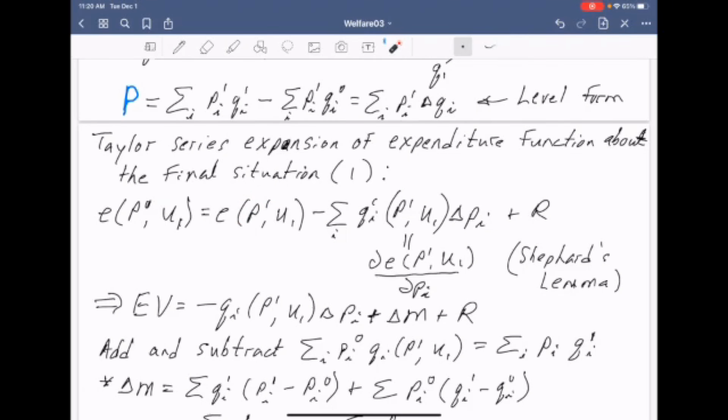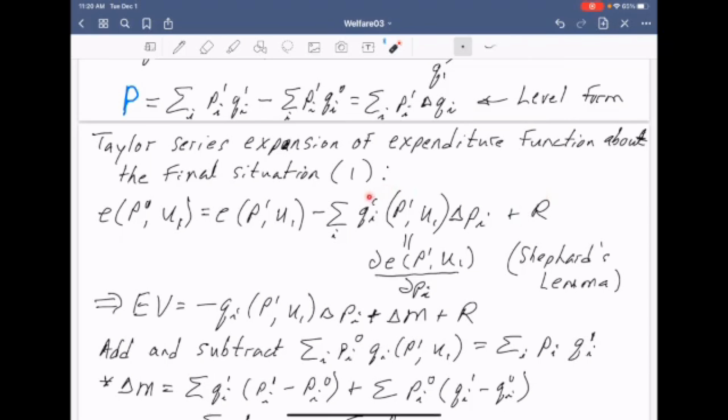So it's given by the expenditure function at the future price and the future utility minus the sum of, it turns out, the compensated demands at the future price and future level of utility times the change in the prices, plus some remaining term which refers to the third and fourth derivatives of the Taylor series expansion.